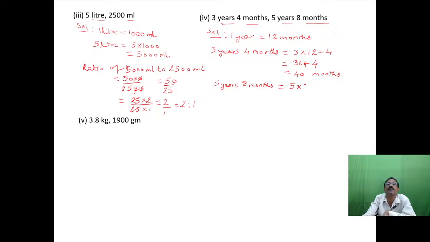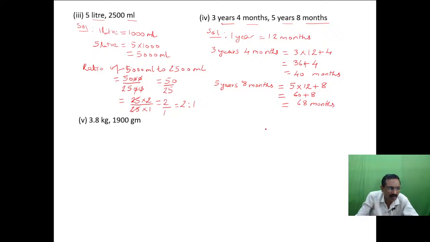It has got 12. So 5 into 12 plus 8. 5 12s give me how much? 5 ones are 5. If you calculate, 12 5s give me 60, plus 8. And 60 plus 8 gives me 68 months.